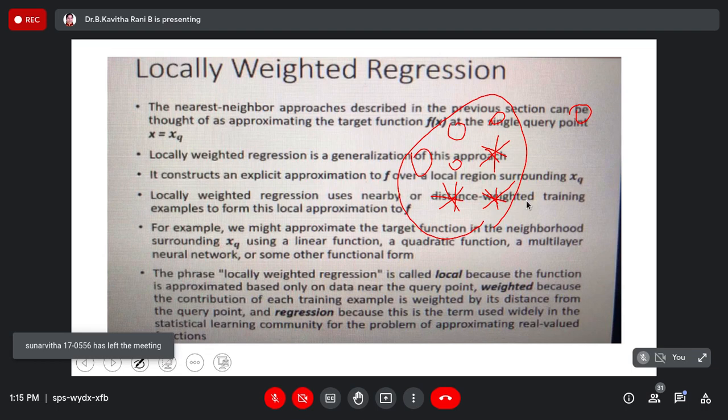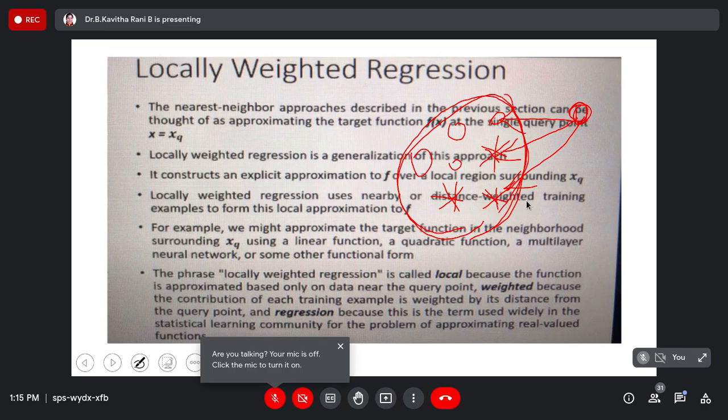So here, if you see in this particular data, the nearest data to this new instance, it will be comparing with this. Again, it will be comparing with this. Again, it will be comparing with this. So now these are the nearest neighbors to the new instance.